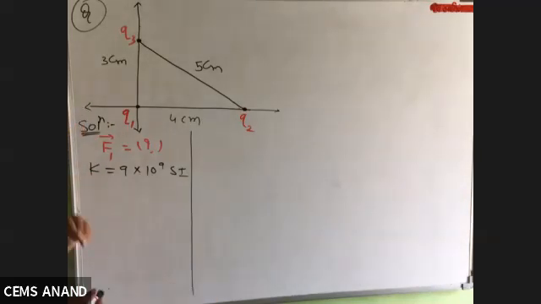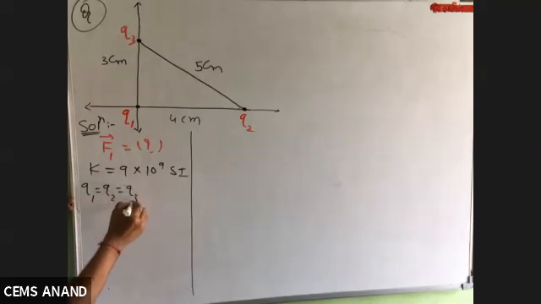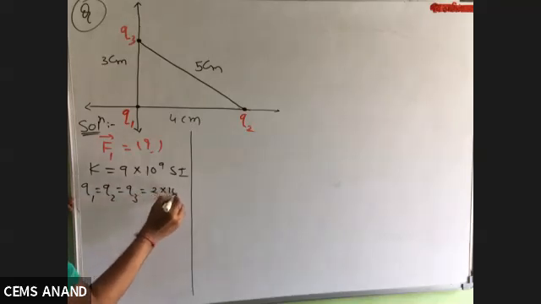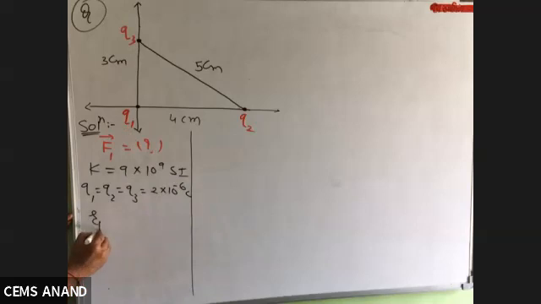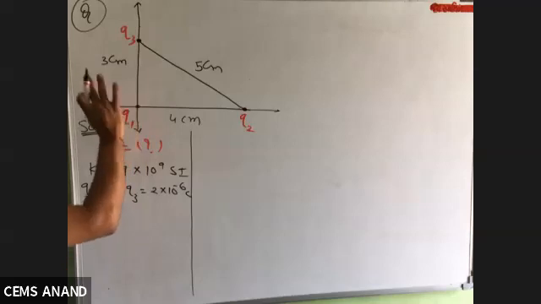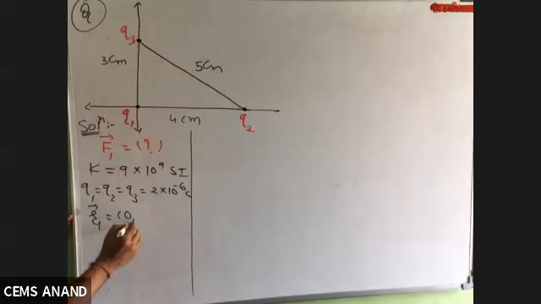Let me help you a bit. Q1, Q2, Q3, 2 into 10 raised to minus 6 coulomb, which is in SI. R1 is the position of Q1, which is on the origin of this system, so it is 0, 0 meter.